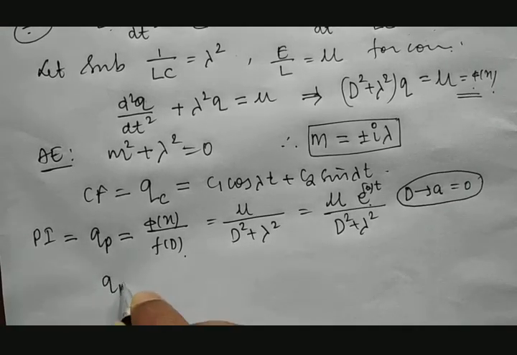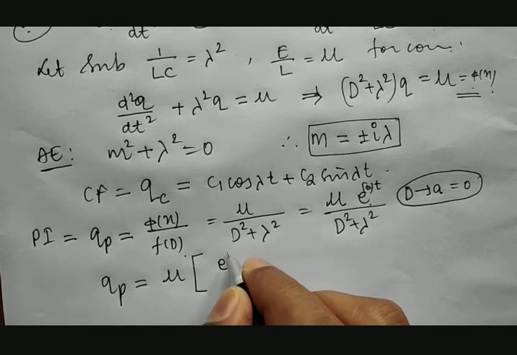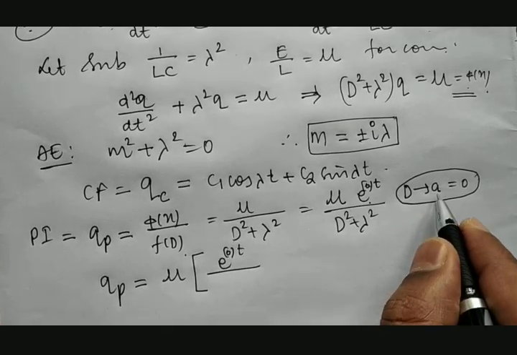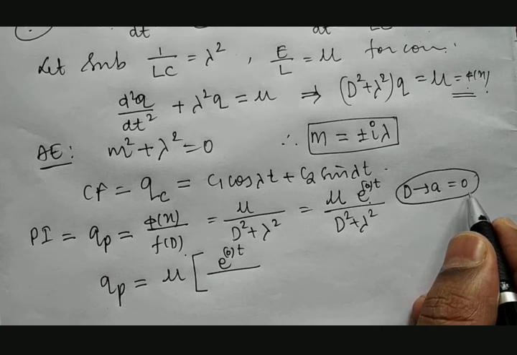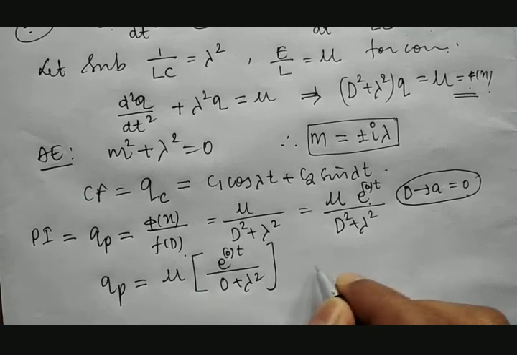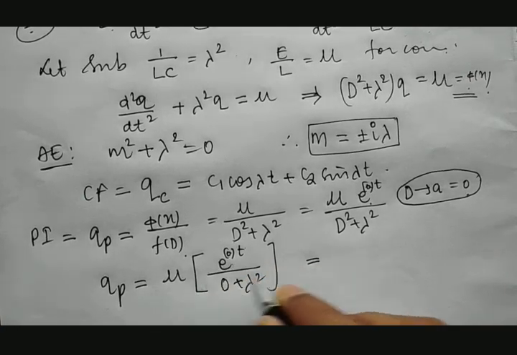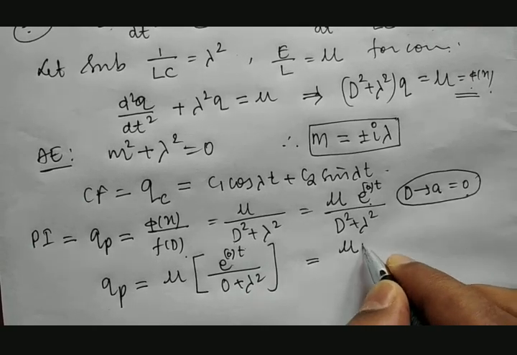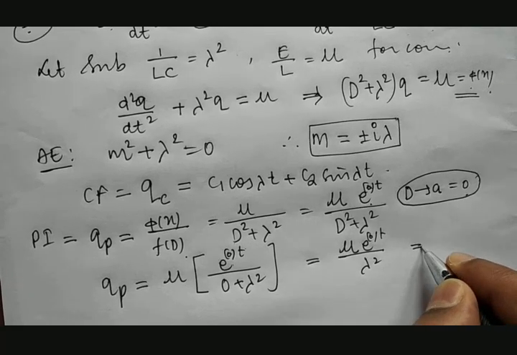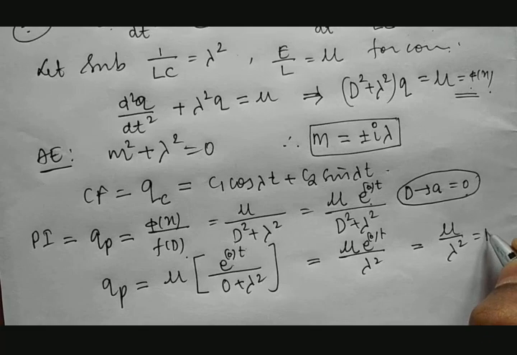Then Qp will be equal to mu, a constant, keep it out, then e raised to 0 times t divided by D square, with D replaced by a equal to 0, so 0 plus lambda square. Therefore, e raised to 0t is nothing but 1. So it becomes mu divided by lambda square, which is Qp.